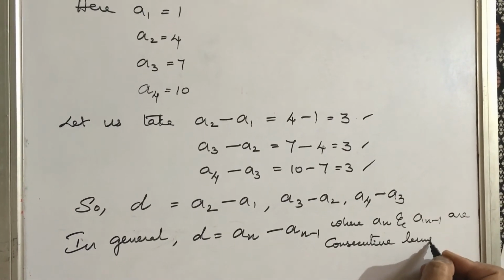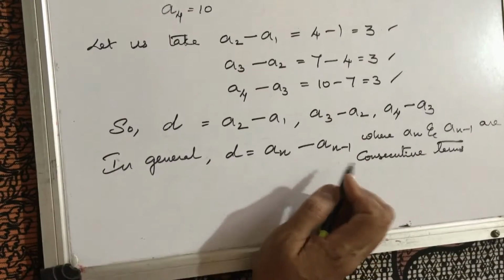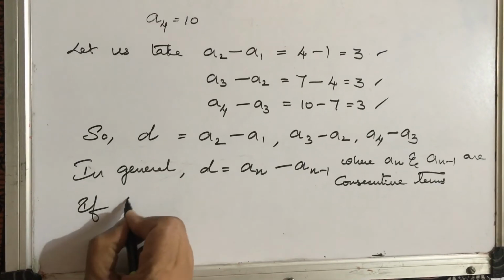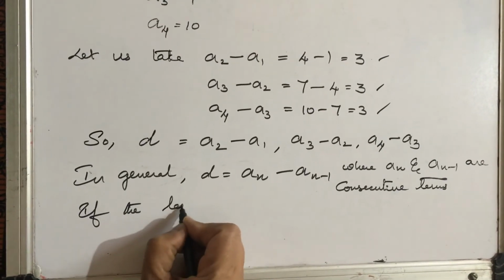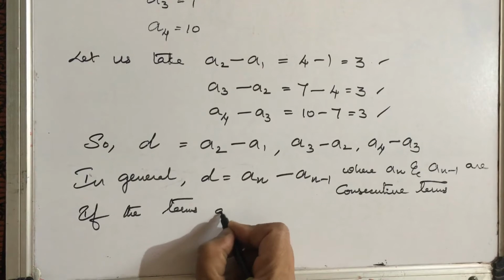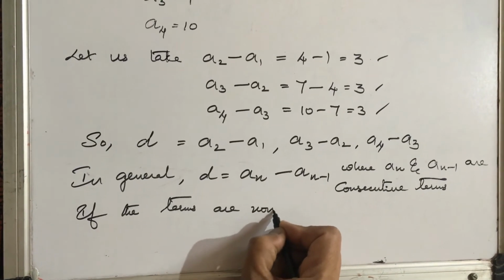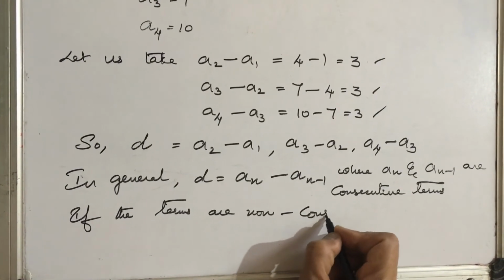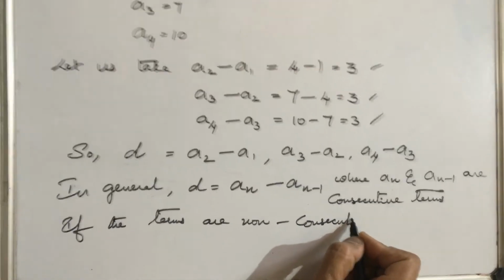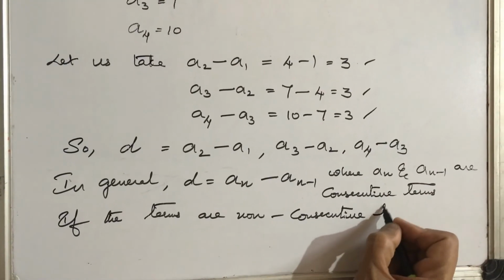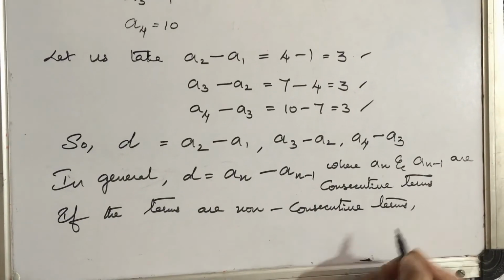Suppose the terms are not consecutive. If the terms are non-consecutive, then how can you find the common difference? For that also we have a separate formula.